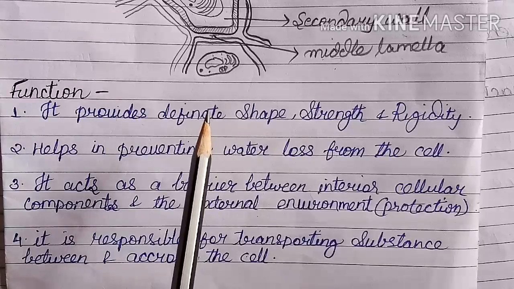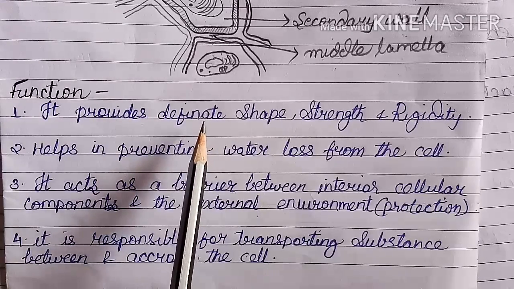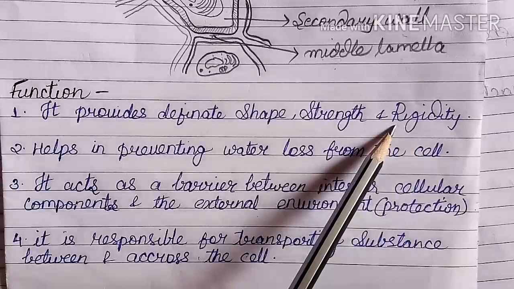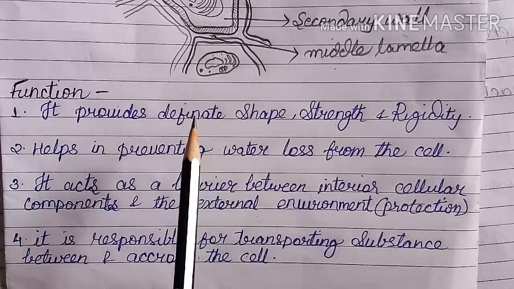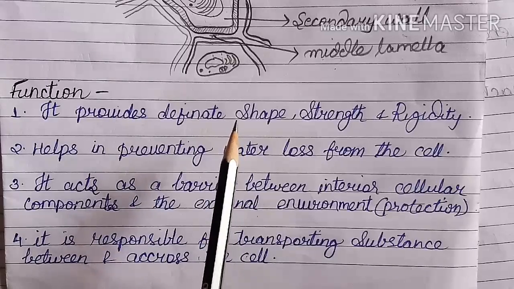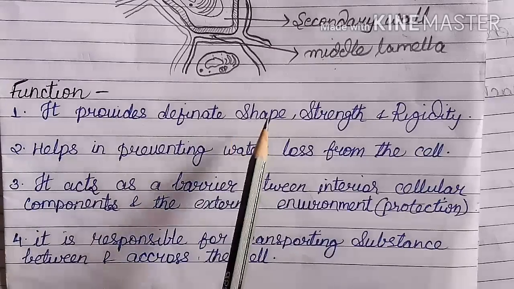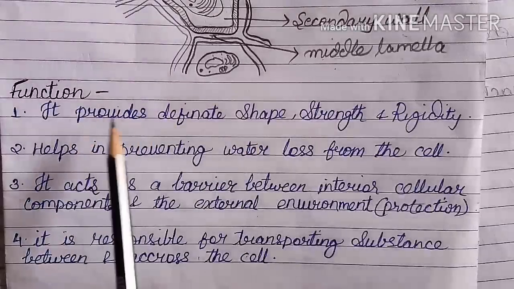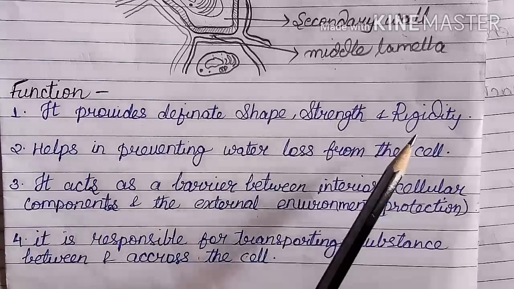Cellulose is a hard material which provides the cell wall rigidity, and it allows the cell to not shrink and to stay in shape. So it provides definite shape, strength and rigidity.